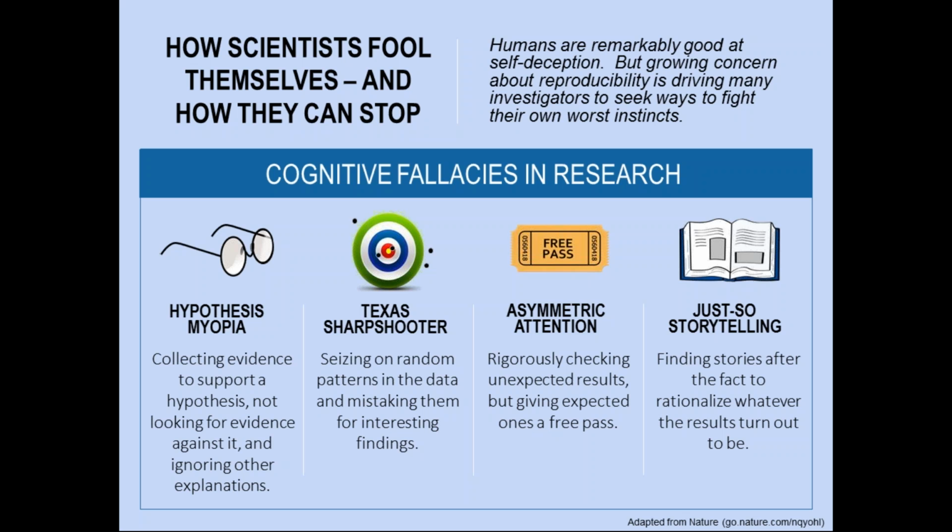I do this. I actually do this. I make these mistakes, and I'll be very honest about it. There are cognitive fallacies in research, and in fact, I'll probably throw myself under the bus with some stuff I did last week, come to think of it.